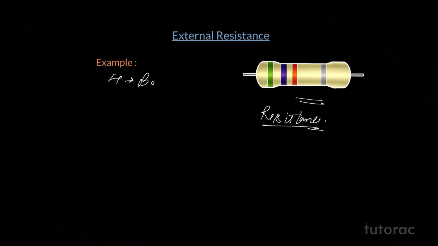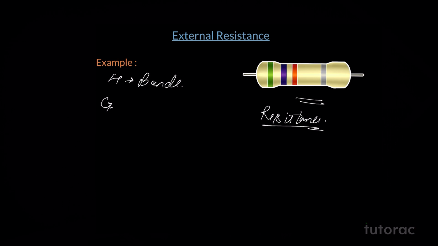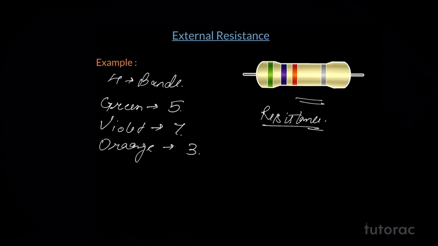Here I have 4 bands. We'll start from the green. If you recall from the table, green takes the value 5. What does violet take? This violet color, which is the second color, takes the value 7. And here we have the orange color that takes the value 3. And then we have the silver here that carries the value 10.